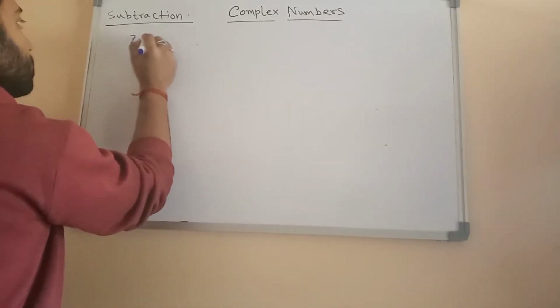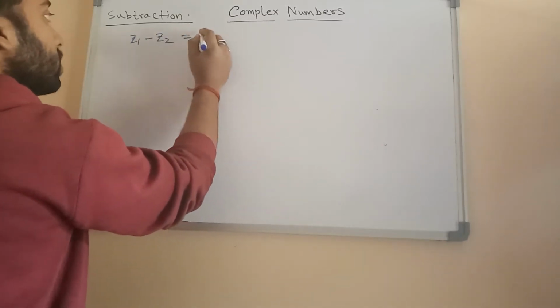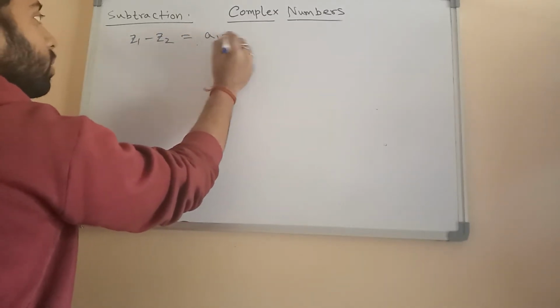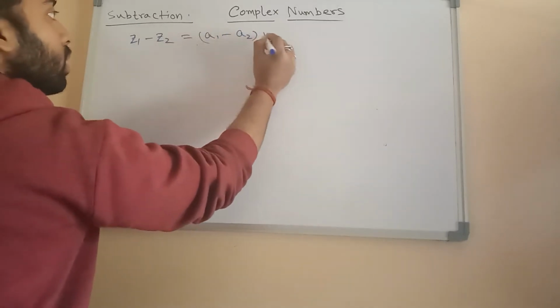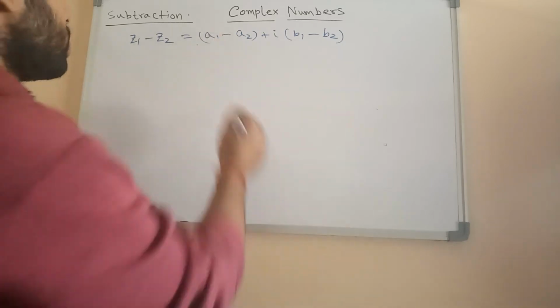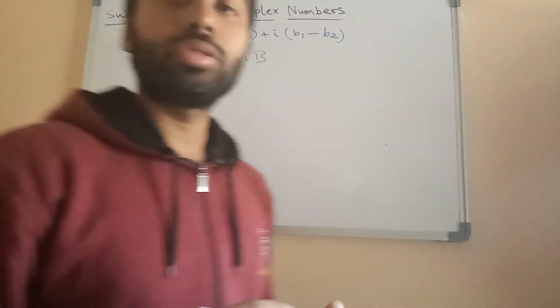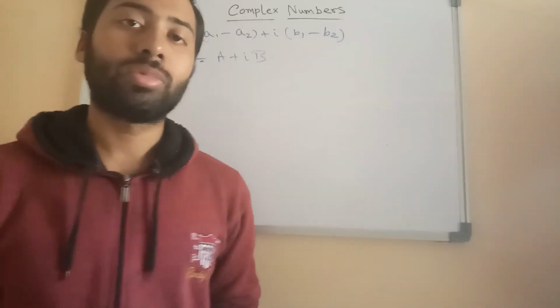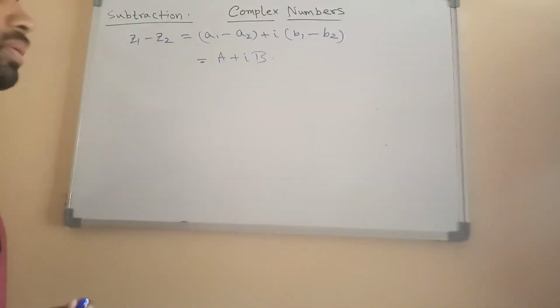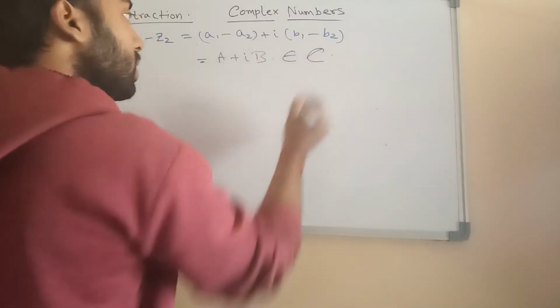So as we have seen in the previous case, z1 minus z2 is (a1 minus a2) plus i into (b1 minus b2). So we can easily write it in the form a plus ib, and as we know every a plus ib form number is a complex number, that it belongs to the set of complex numbers.